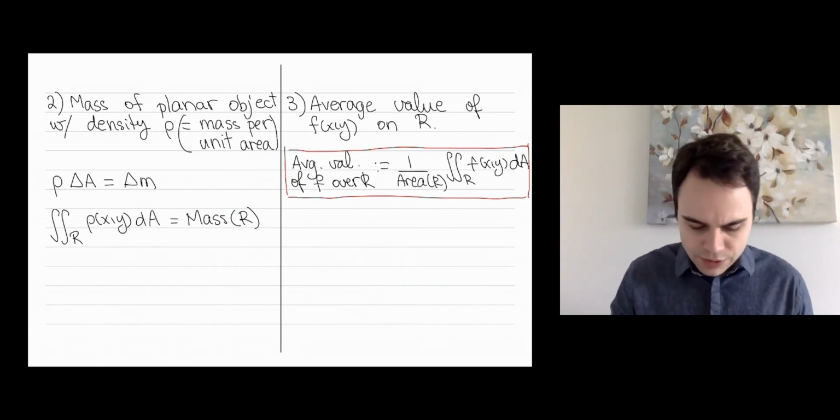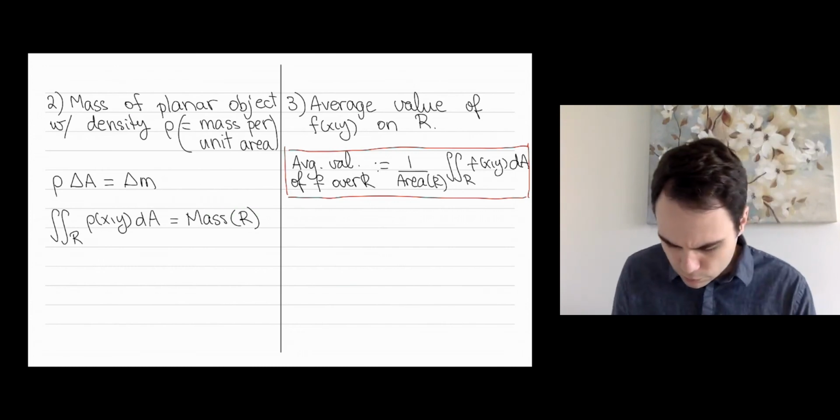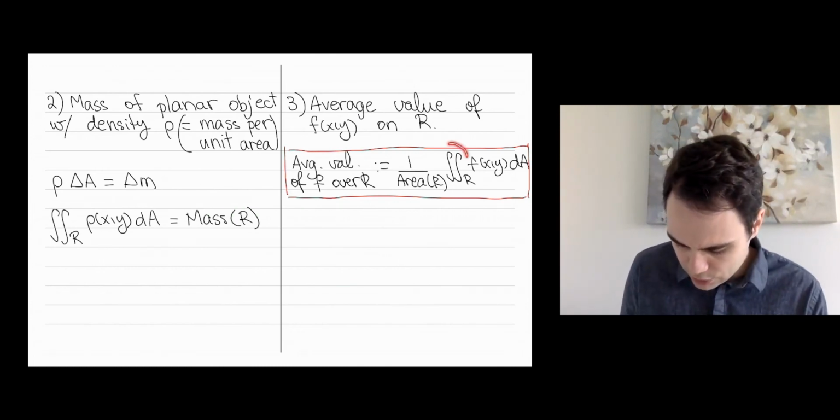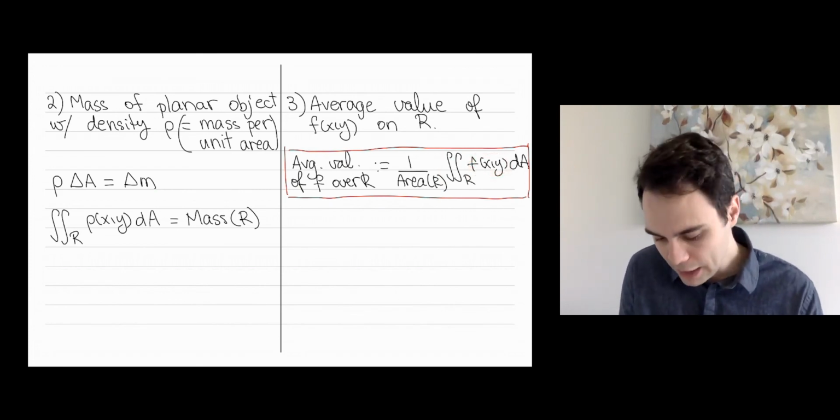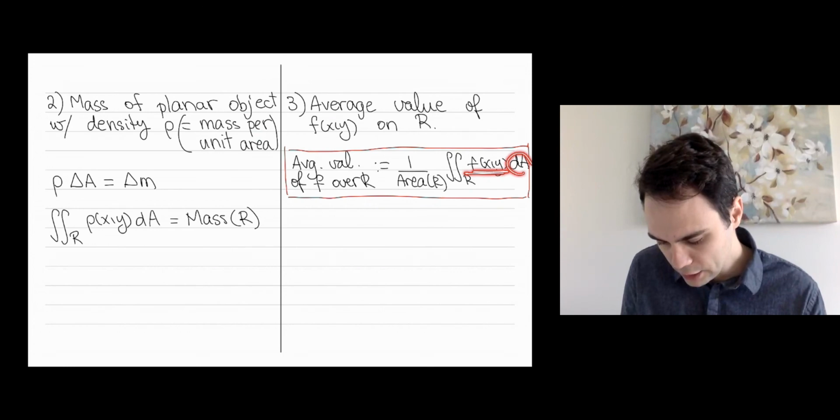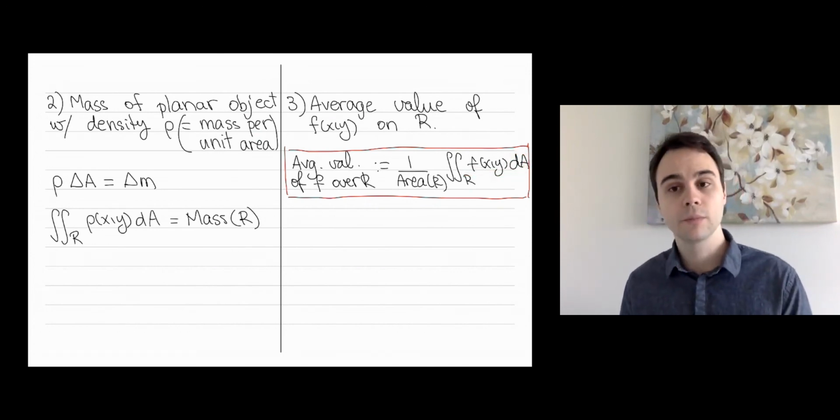So let's look at what this is doing. We're doing a double integral, which is to compute this number, which I'm calling the average of f. I'm doing a sum over the region of all the values of f, but I'm multiplying each value by a little area, by an infinitesimal area.